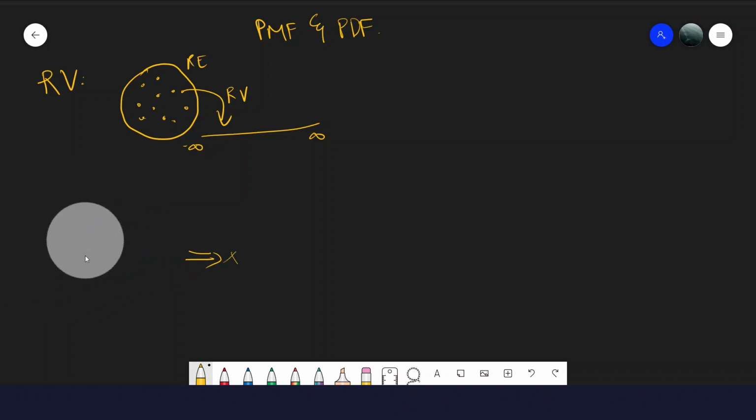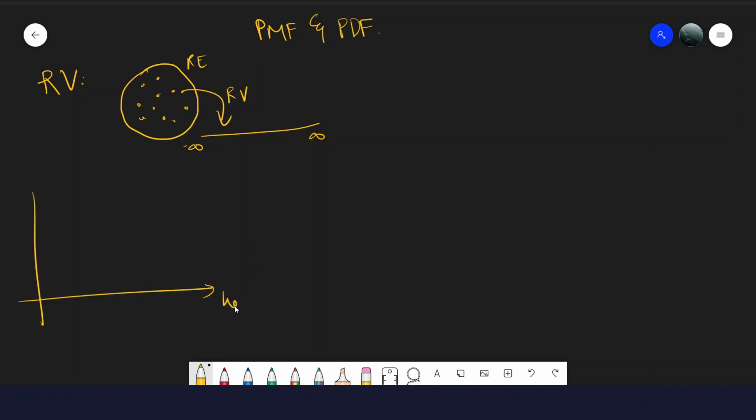So let me just draw this once again. Suppose I have heights of people, and let's say this is the Gaussian distribution. In the middle, I have my mean. The mean can be something like 150 centimeters. And then I have probabilities on the y-axis, p of x.